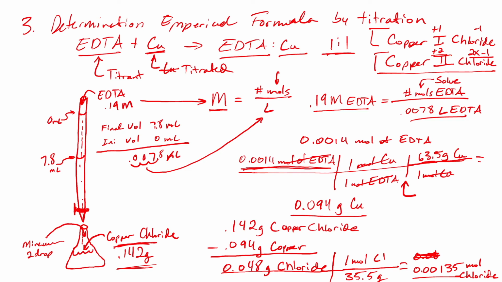And so the 0.0014 moles of EDTA times the 1 mole of copper chloride, cancel out the EDTAs, you get moles of copper chloride. So you get 0.0014 moles of copper.